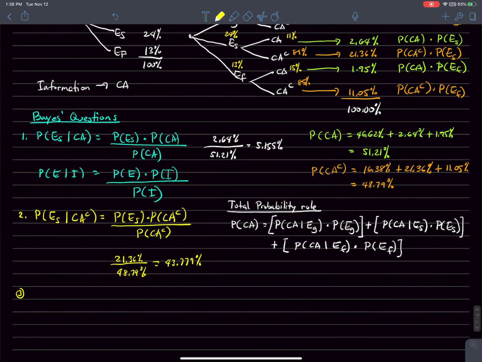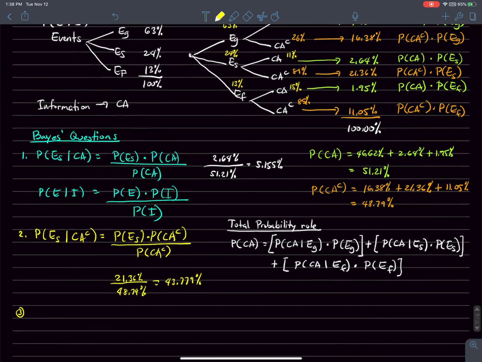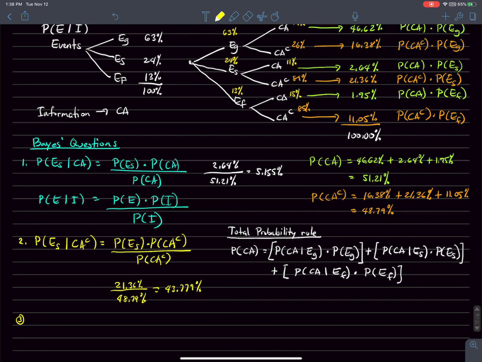So let's say question number 3, let's say EF. Let's try this. Probability of the event that the economy stays flat given currency has appreciated. So we'll write it like this again. Probability of EF, economy stays flat. Both of them should happen, right?